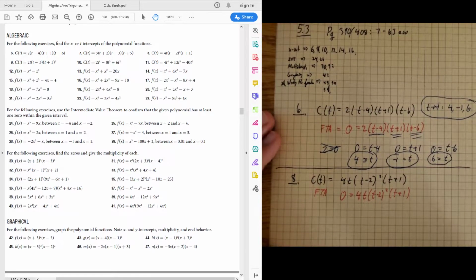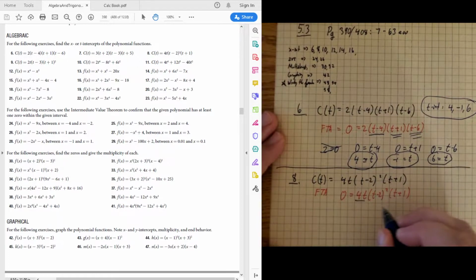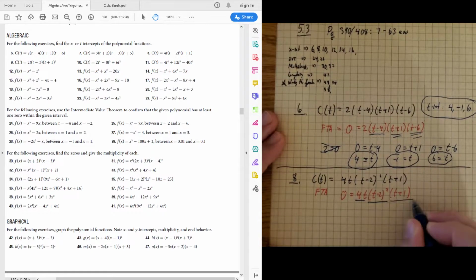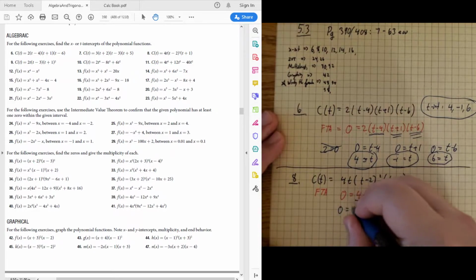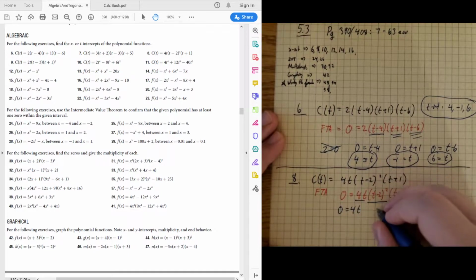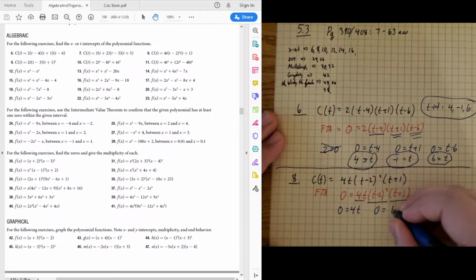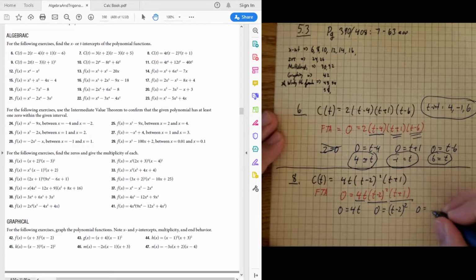And using that theorem, we can take this from one equation into 1, 2, 3 equations. So we'd end up having 0 equals 4t, 0 equals t minus 2 squared, and 0 equals t plus 1.